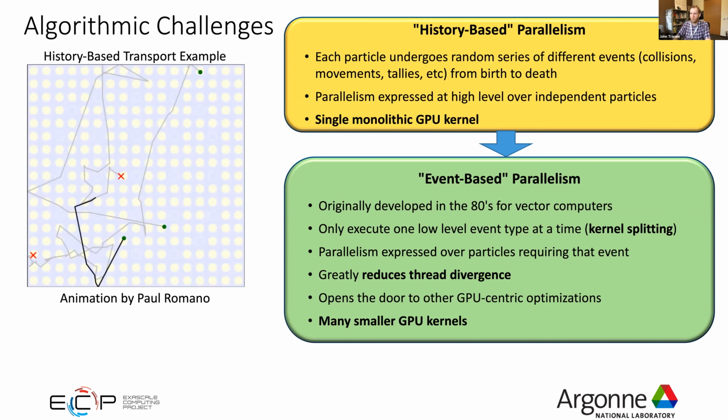And that's what we call history-based parallelism, where each CPU thread processes a particle birth to death in a serial manner. So you have one big outer loop over particle histories, and then within there it's serial, and each thread processes that task. And if you translated that to GPU, it would just be one giant monolithic kernel, where basically you have 40,000 lines of code that are your one GPU kernel.